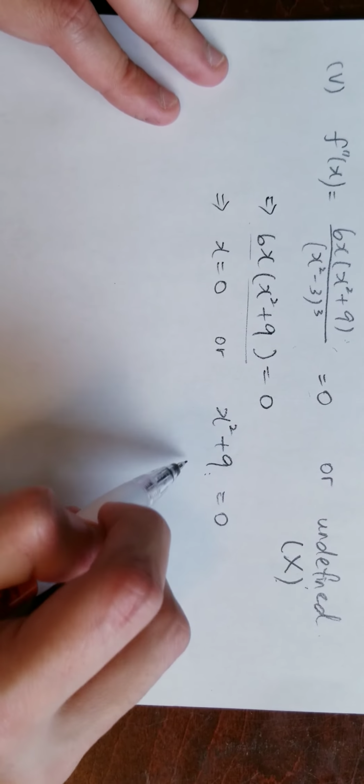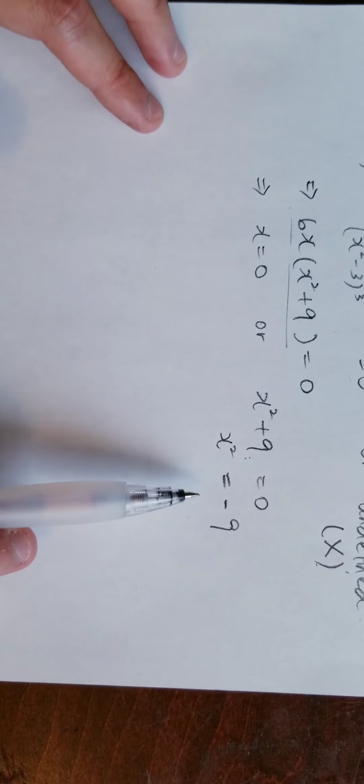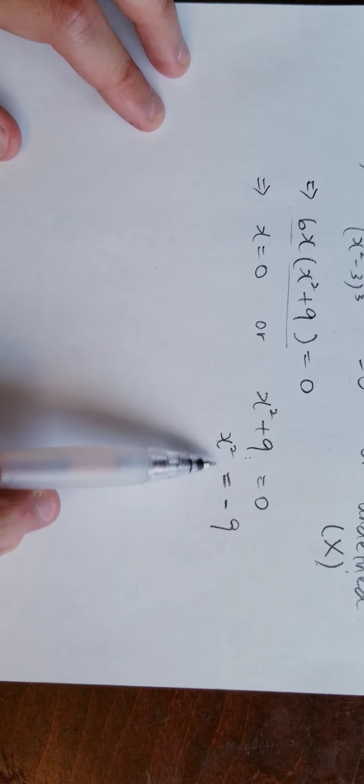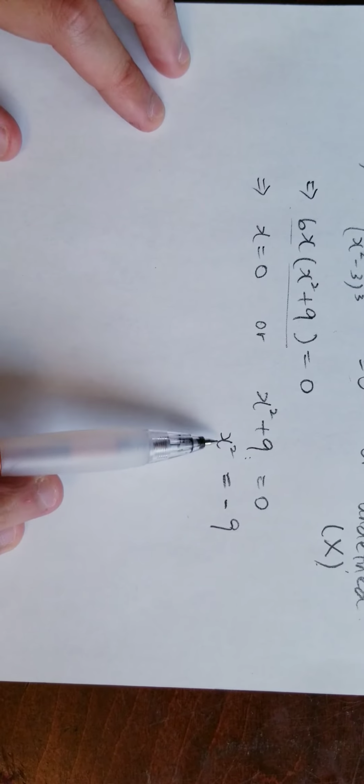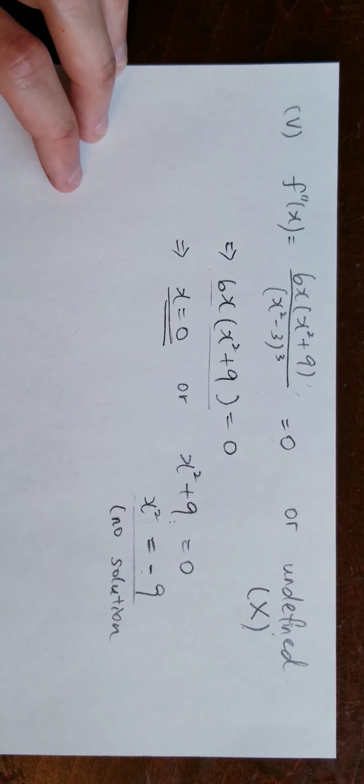This guy, x squared equals negative 9. Does it have any solutions? No. There's no way a number squared would be a negative number, right? So whatever numbers you put in here would always be positive. So this has no solution. That means the only candidate for the inflection points is x equals 0.